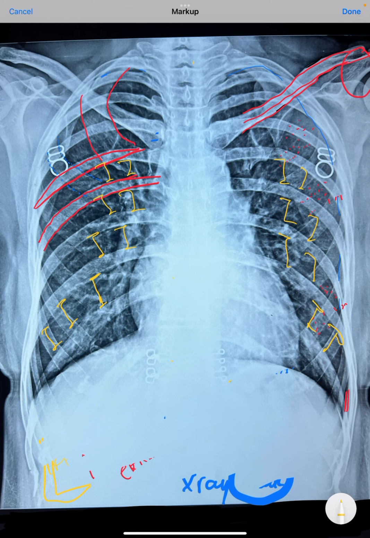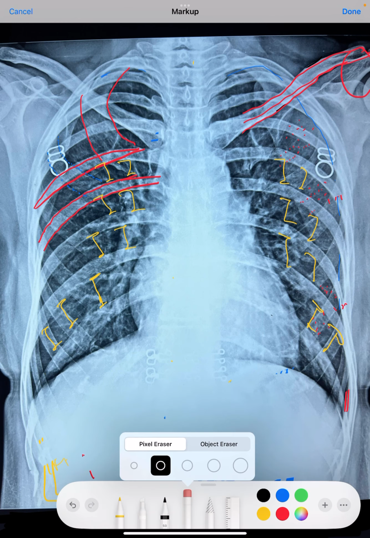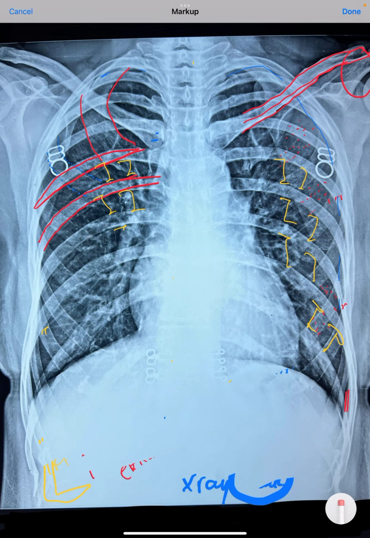If it is emphysema, these intercostal distances will be much more. This will appear much ballooned out because emphysema will push the ribs apart from each other. So you have to see these spaces as well. You have to see the ribs' continuity for fractures as well, because in RTA you can get fractures.